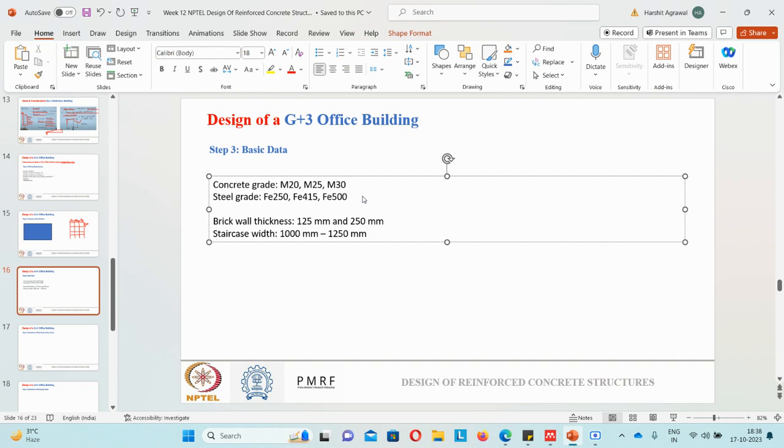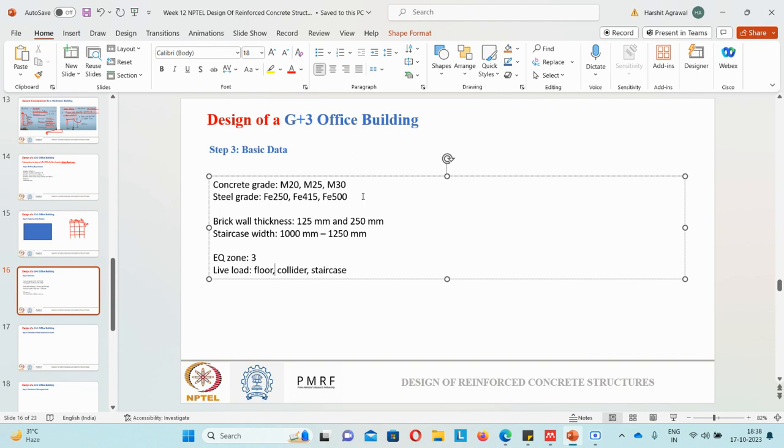Earthquake zone. In which zone does it belong? So earthquake zone, say zone 3 it belongs. Live load, so we can decide upon the live load on each floor. Corridor, the walkway area, or the corridor we say, and staircase.